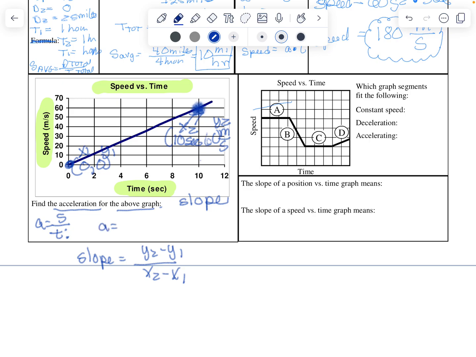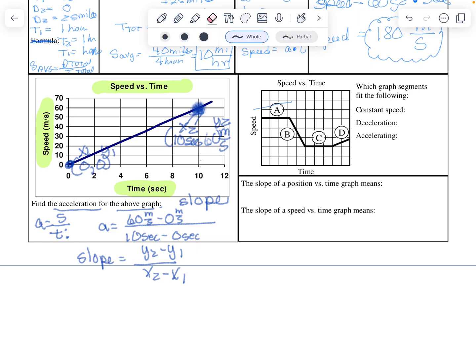So my acceleration will equal y2, which is 60 meters per second, minus 0 meters per second, and I have 10 seconds minus 0 seconds.